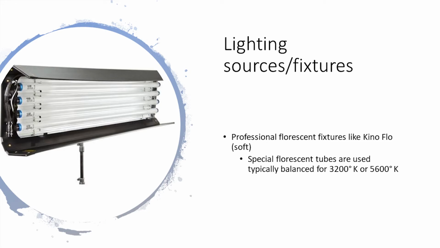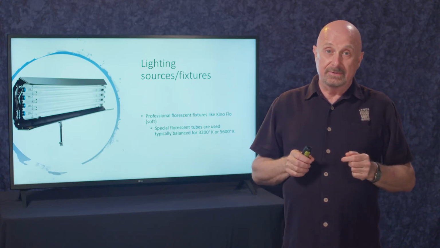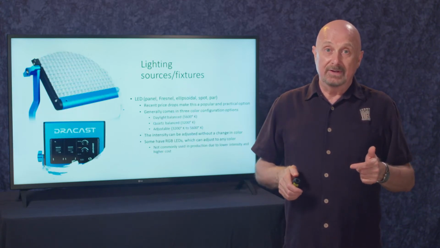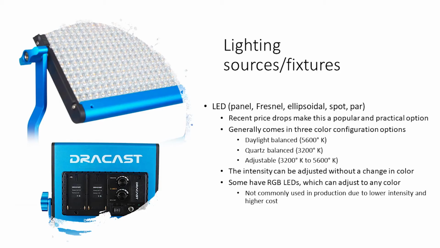Typically, you can put different types of tubes in there, either daylight balanced at 5,600 degrees Kelvin or tubes at 3,200 degrees Kelvin. LED fixtures, very popular today. The prices are coming down to very affordable ranges. These are panels. They also make Fresnels.